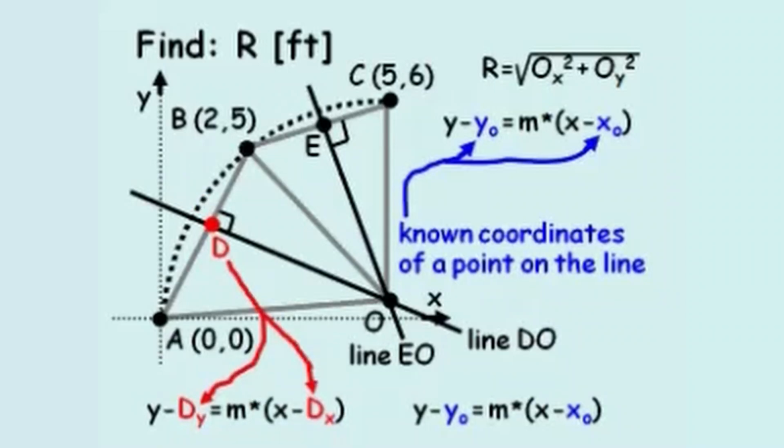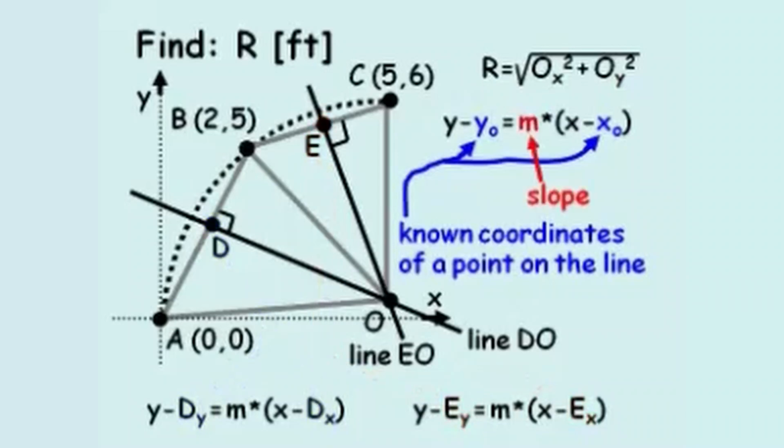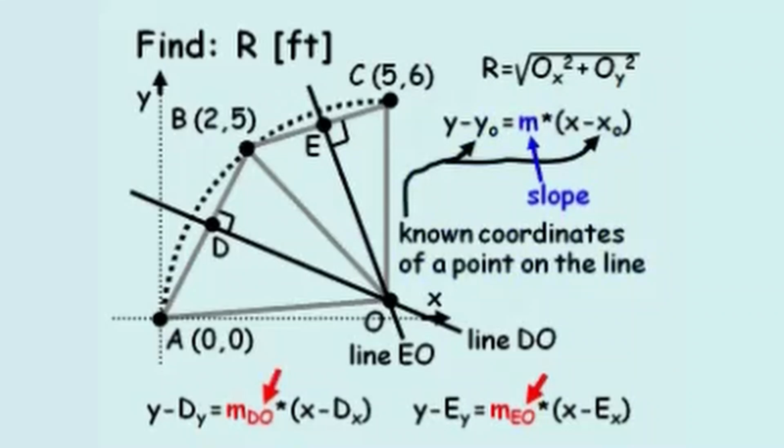For line EO, we'll use the same approach, but for point E. The variable m represents the slope of the line in y over x. To the equations for line DO and line EO, we'll add a subscript DO and EO to their slope terms.